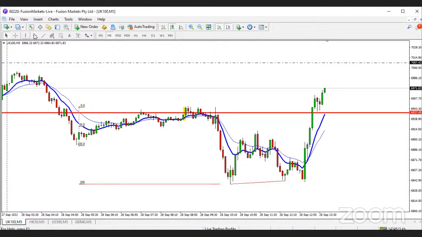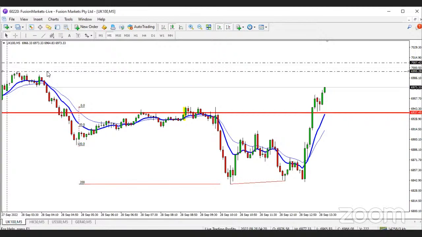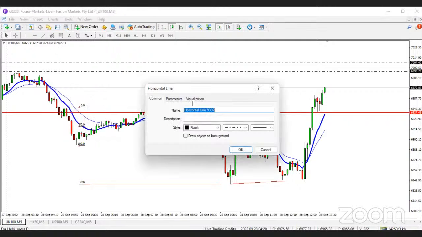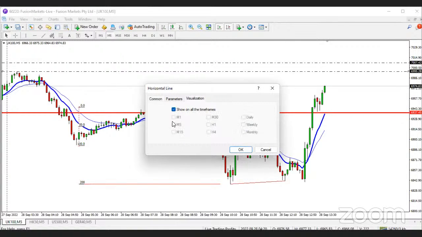But just below that, so that's a level of resistance. Now, just below that, we've got the current high of the day, but I'm going to call it the high of the Asian session. High of Asian session. Let's just try and visualize that on 5.